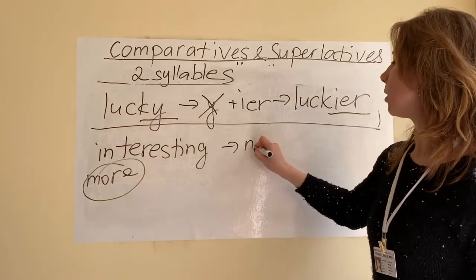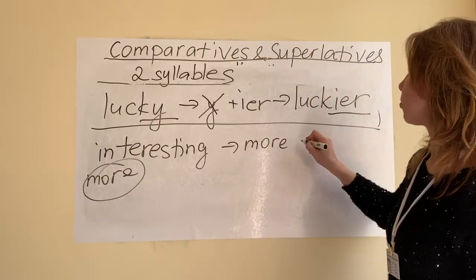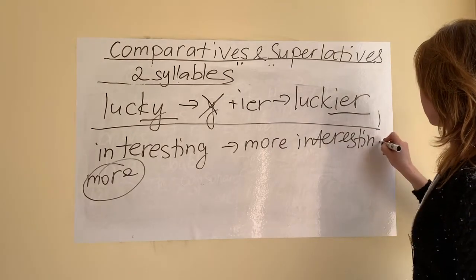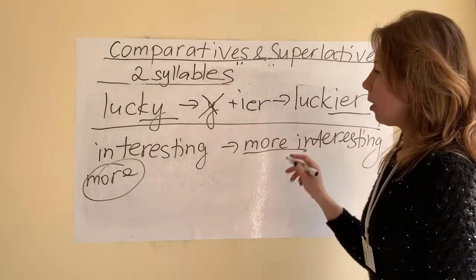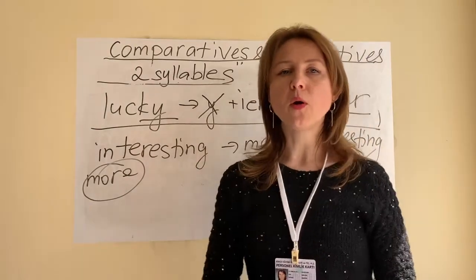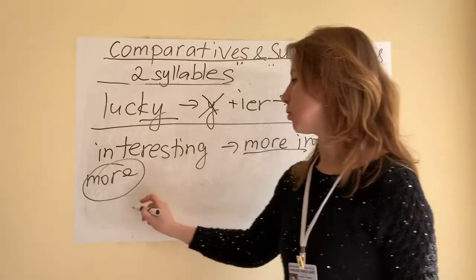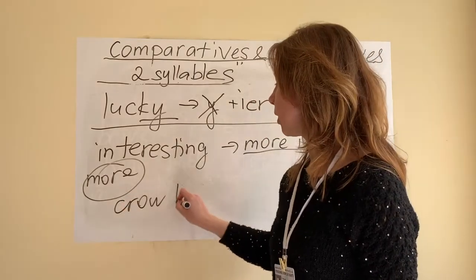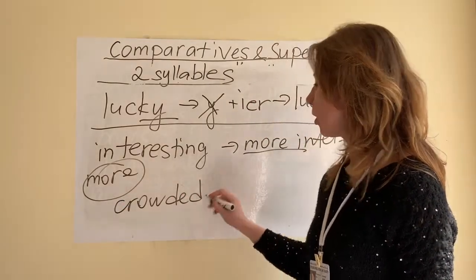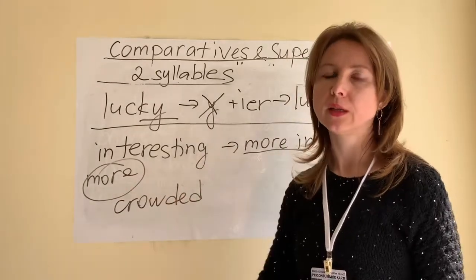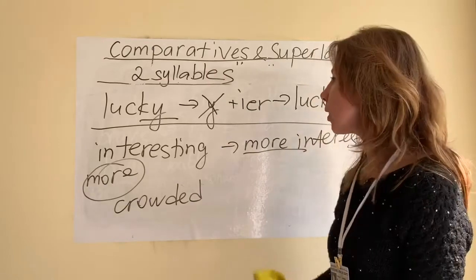We have it like this: more interesting. This book is more interesting than the film. Or the word crowded. Istanbul is more crowded than Alanya. Good.